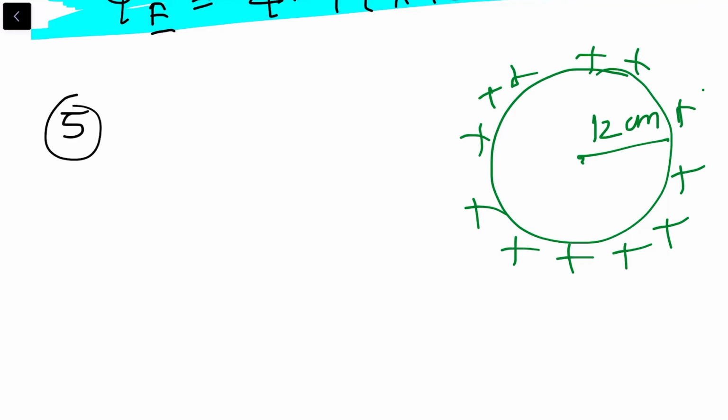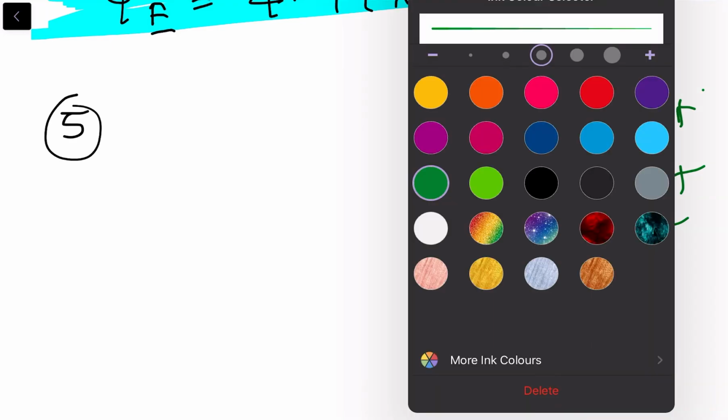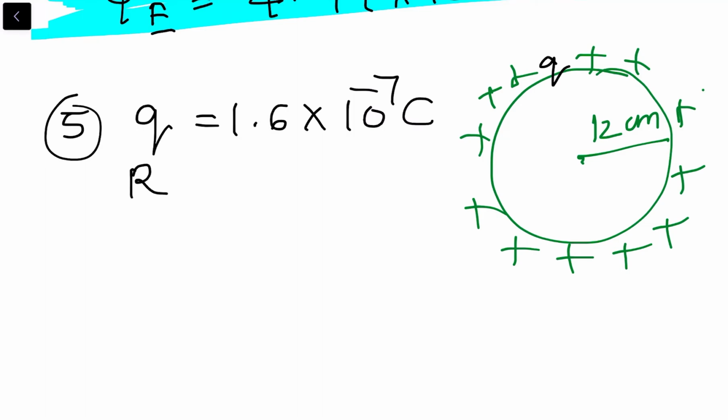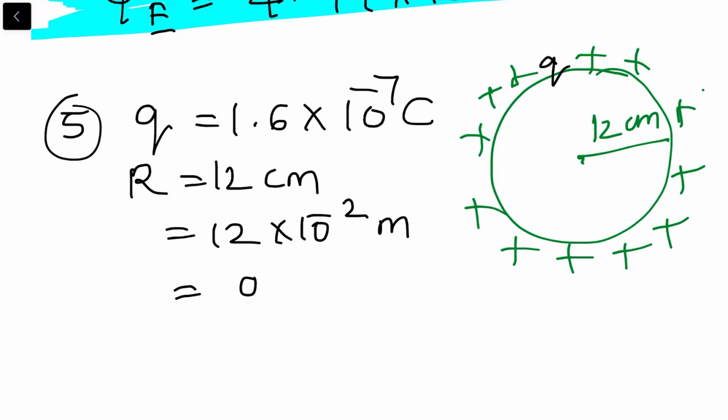Now let's start our problem. Let Q, the total charge over this spherical conductor, be 1.6 into 10 to the power of minus 7 coulombs, and the radius capital R is equal to 12 centimeters, that is 12 into 10 to the power of minus 2 meters, converted into meters, 0.12 meters.